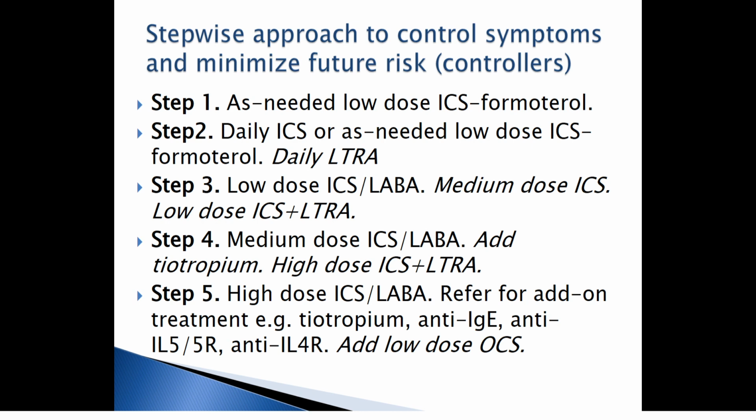In step 5, you have to use everything, all drugs which are available, because in this patient, asthma is very severe. Higher dose inhaled corticosteroid LABA, refer for add-on treatment, tiotropium, anti-interleukin E, anti-interleukin 5, anti-interleukin 4, add low dose oral corticosteroid, even oral corticosteroid.